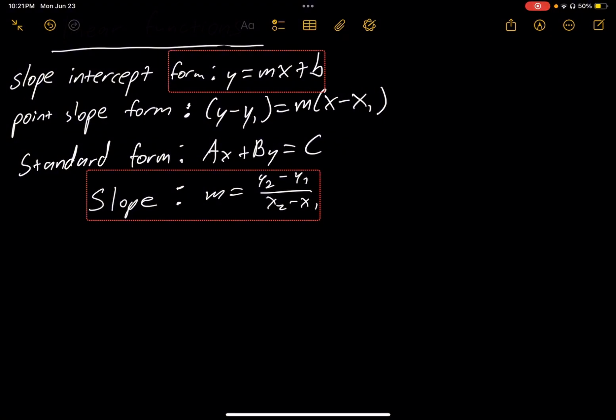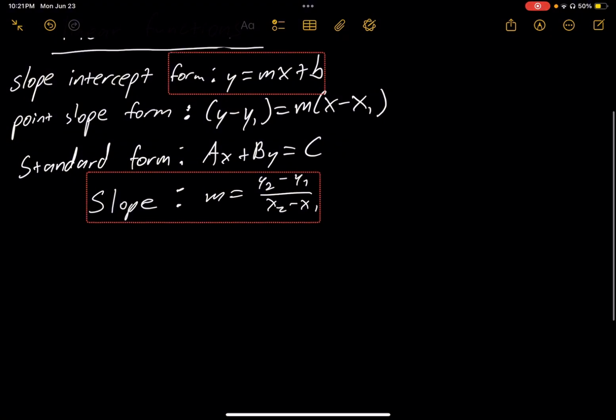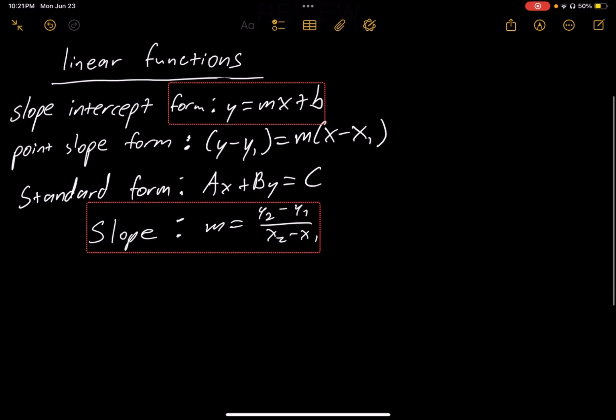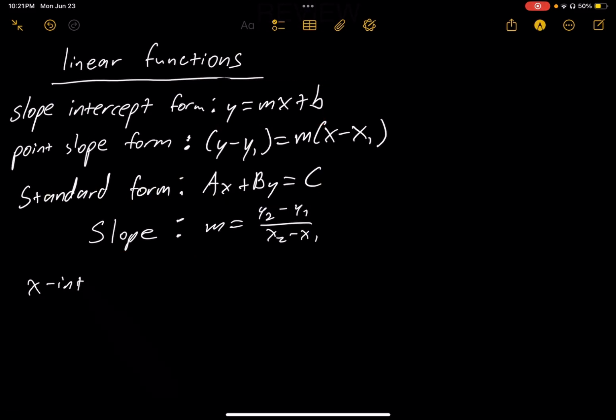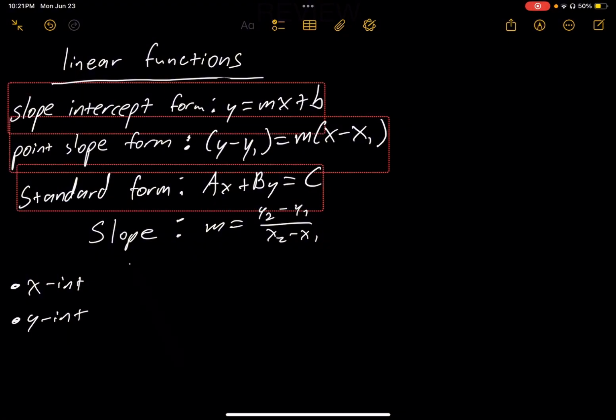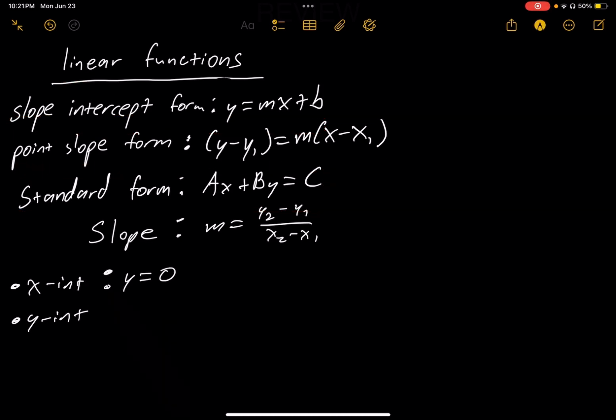Now also, some terms you need to know for linear functions are for sure x-intercepts and y-intercepts. The first is when y is equal to 0, and the second is when x is equal to 0.